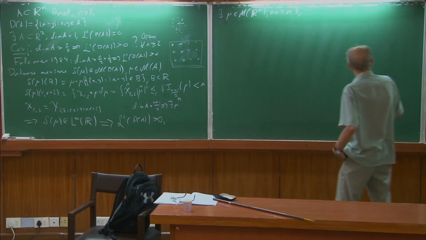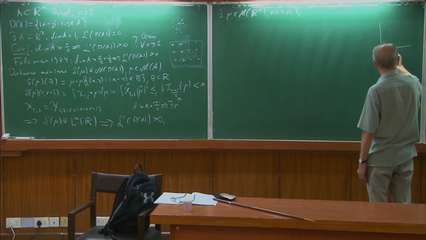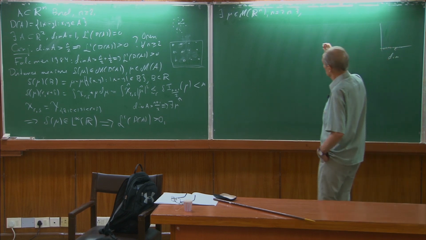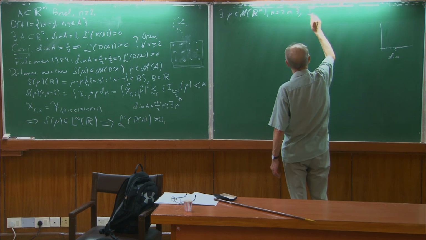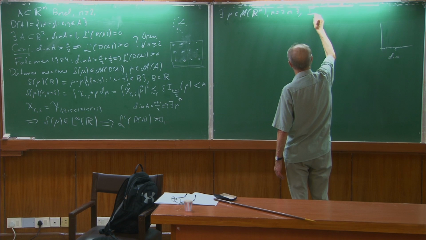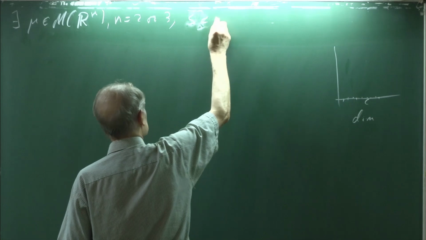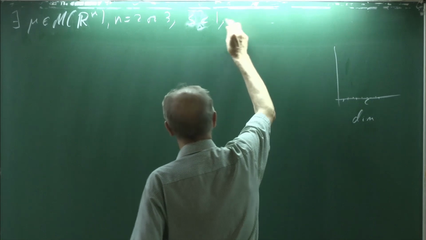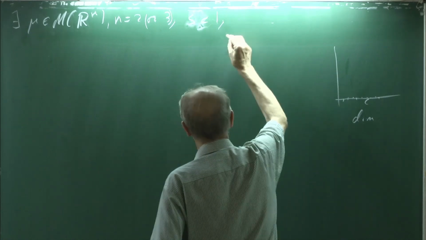But the example in the plane is very easy. You take here some set C whose Hausdorff dimension is, so I should say, when s is less than 3/2, when n is 2, so I talk about the case n equals 2.